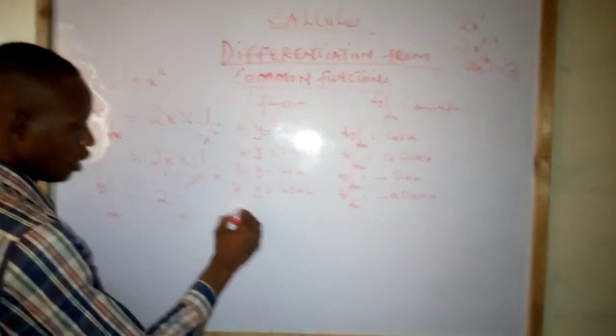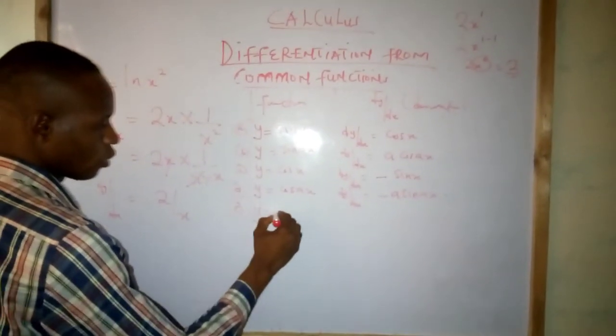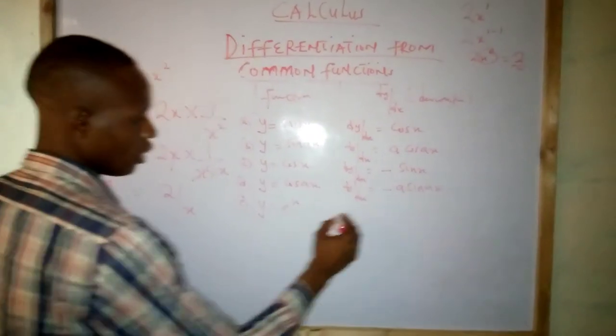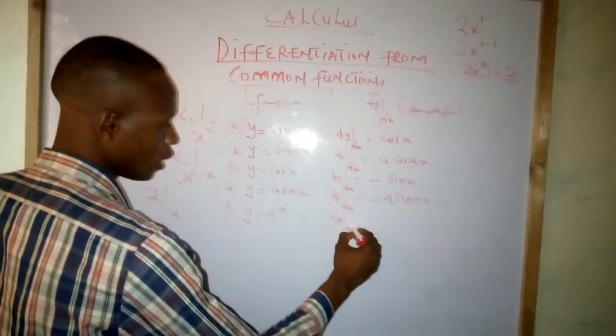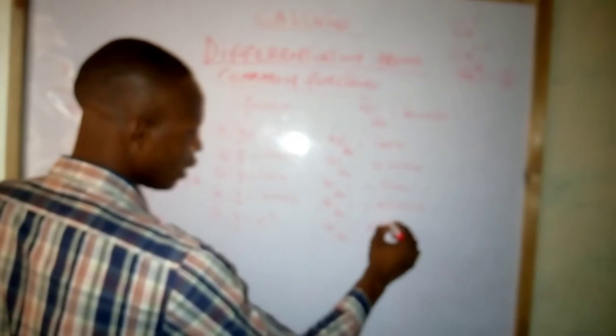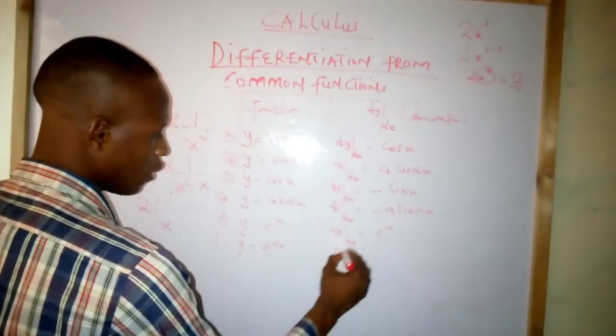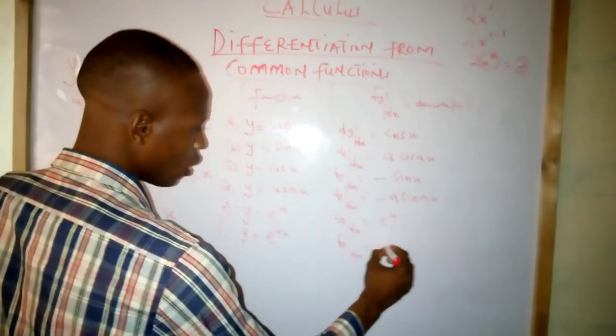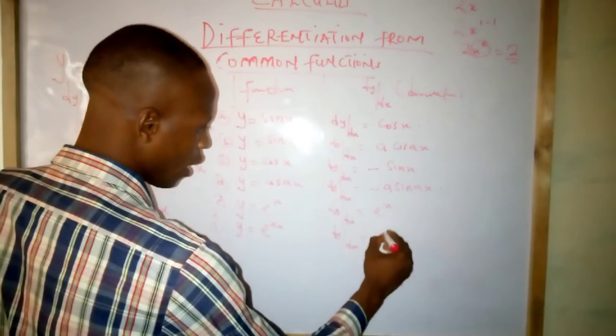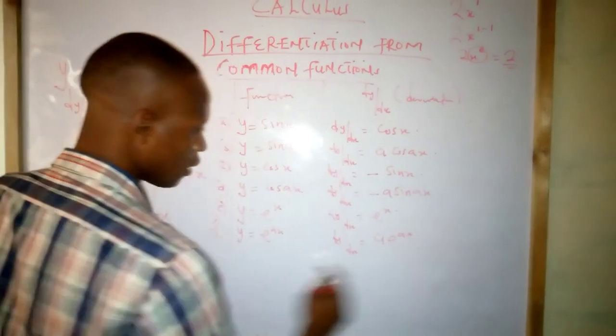E, y is equal to exponential x. The derivative dy dx is simply equal to exponential x. F, y is equal to exponential ax. The derivative is simply equal to what? A exponential ax.